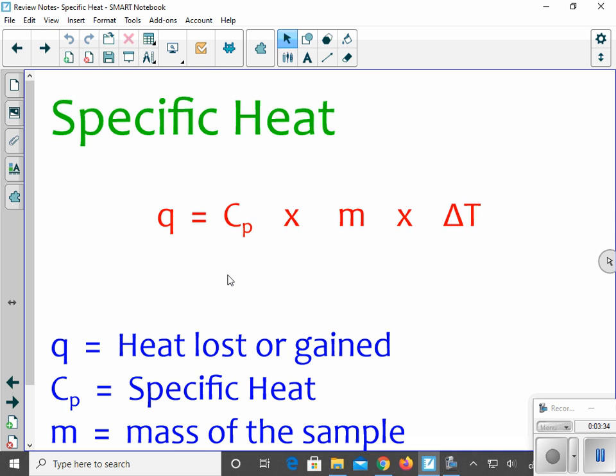Now, this specific heat right here, ladies and gents, Q equals Cp, which is the specific heat, times m, which is the mass, times delta T, which is the change in temperature, will give us the heat lost or gained. Does that look familiar to you?